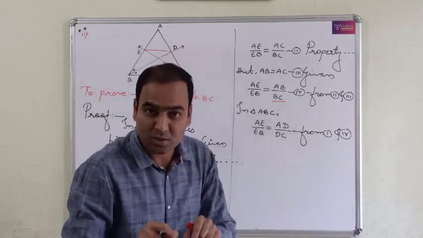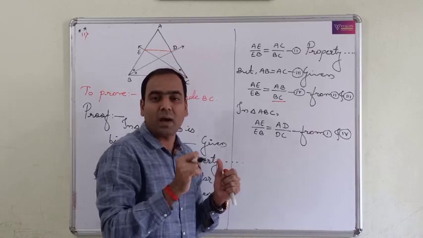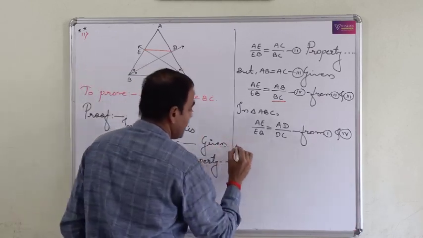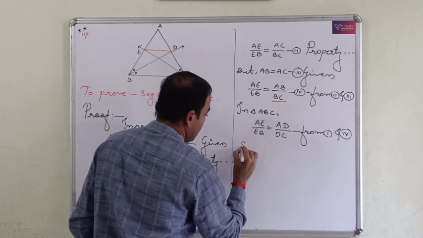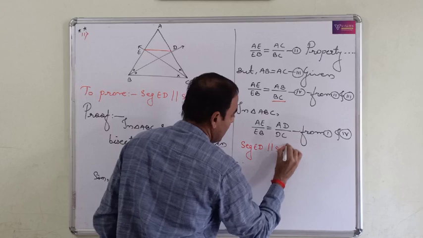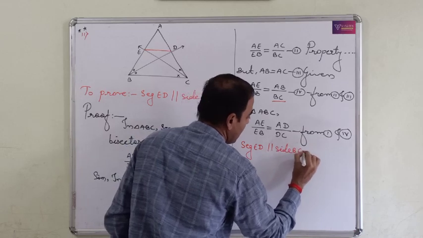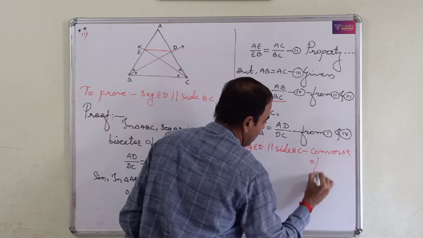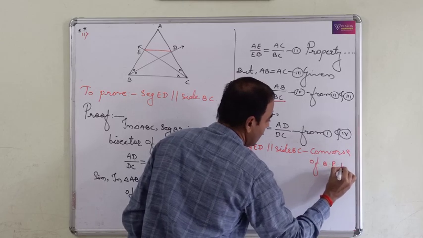Then by the converse of BPT, it is parallel to the third side. Therefore, segment ED is parallel to side BC. The reason is the converse of BPT.